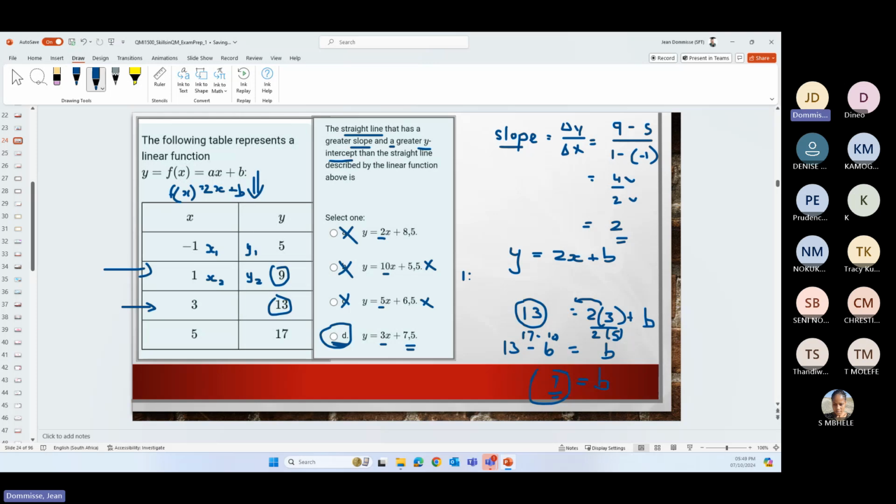If you used 1 and 9, no, y would have been 9.